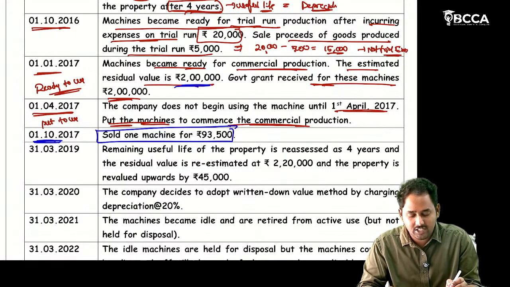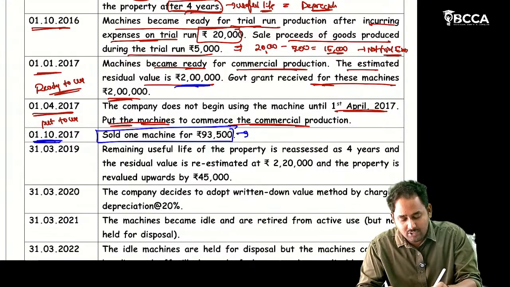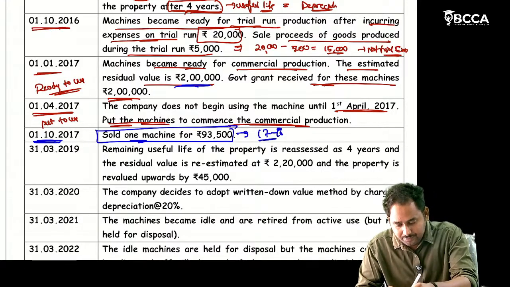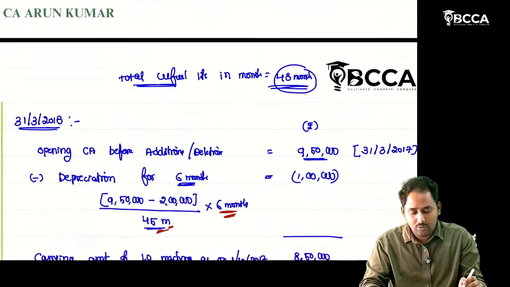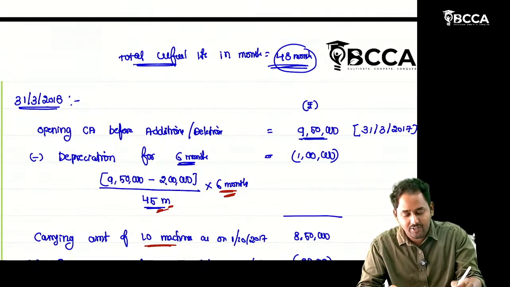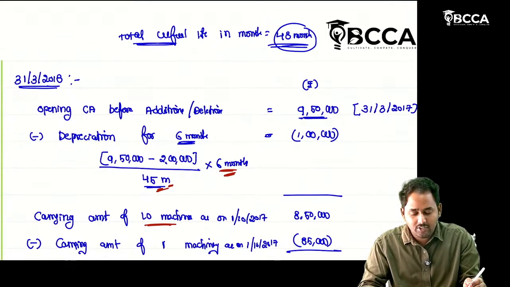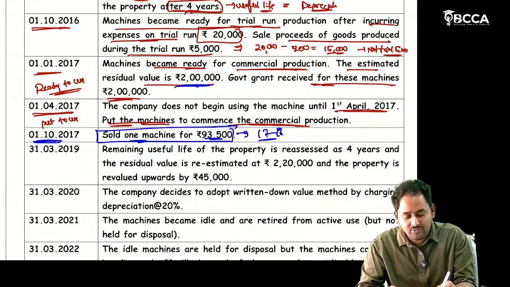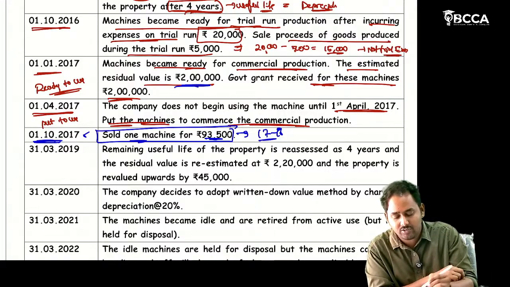As on 31/3/2018, 9,50,000. So there is something happening in 2017-18. During the financial year 17-18, they sold one machine for 93,500. So what is the opening carrying amount? 9,50,000. I have sold one machine for 93,500 on 1/1/2017, right?